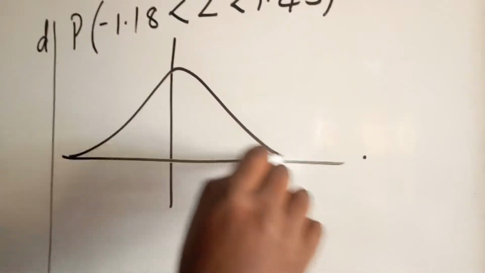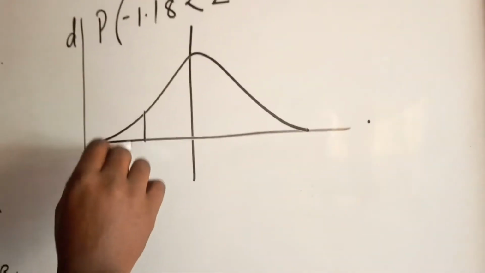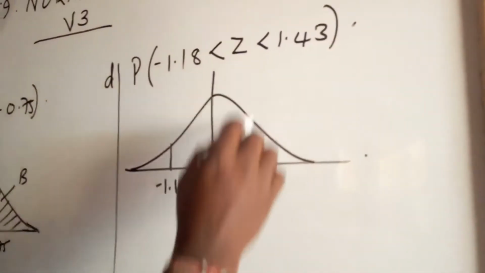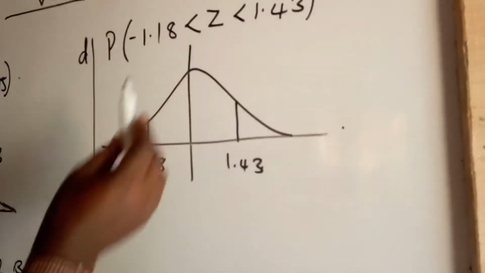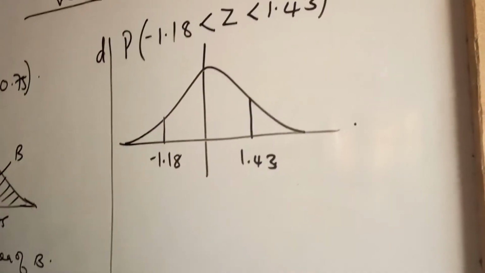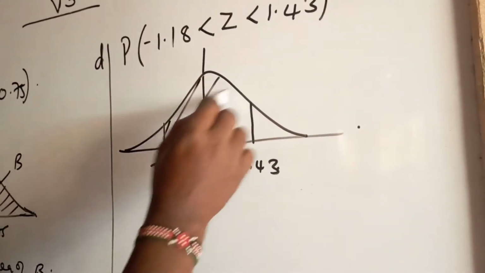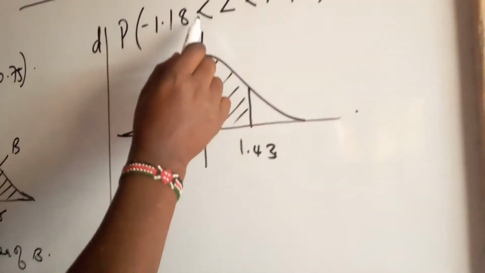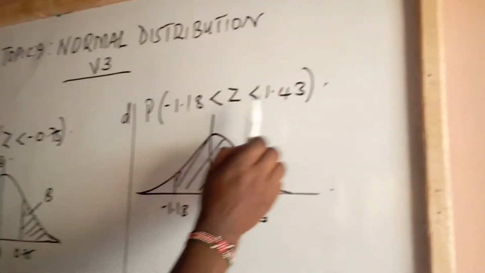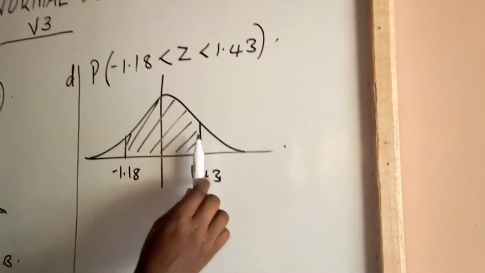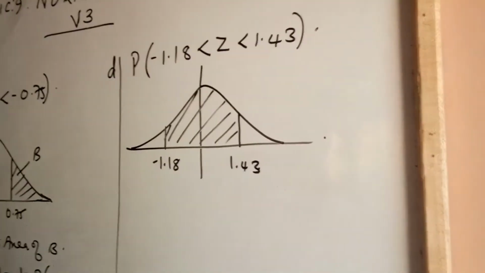And we are talking about a region. This is negative 1.18 and this is positive 1.43. So we need the area of the region that is between the two, because our z is greater than this, that means to the right, and our z is less than 1.43, that means to the left.